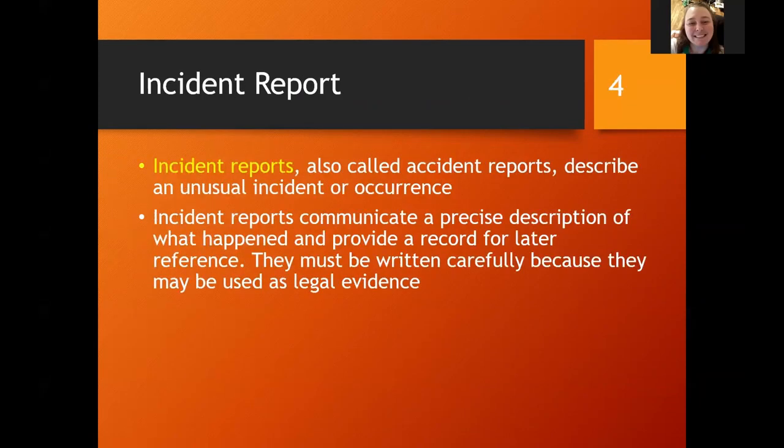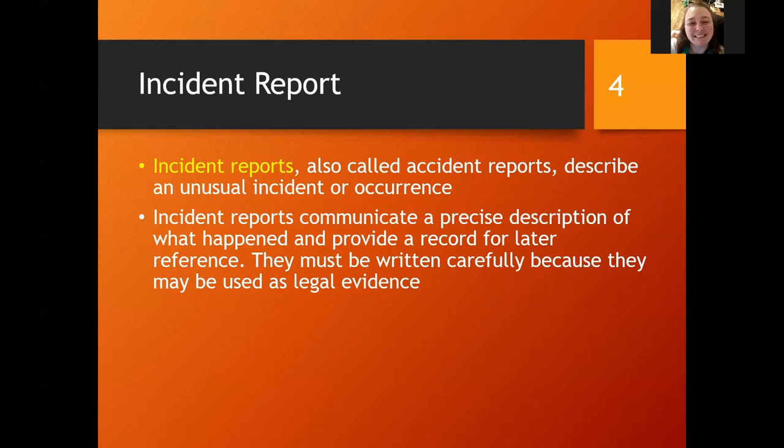Incident reports, also called accident reports, are used to describe something unusual that has happened. It's a single incident or a single occurrence. An incident report gives a precise description of what happened for your later record.